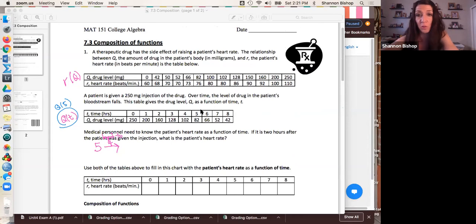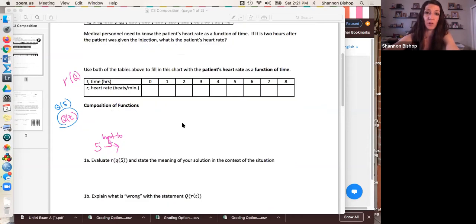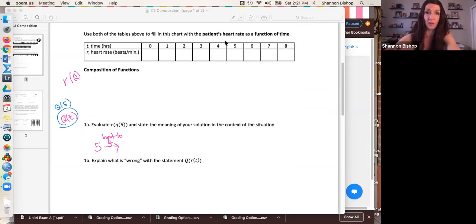So what is Q of 5? Well, it's 82. That's not where the notation stops, though.